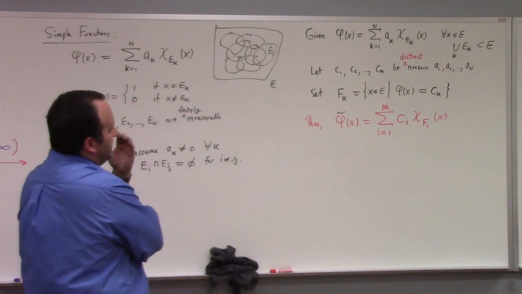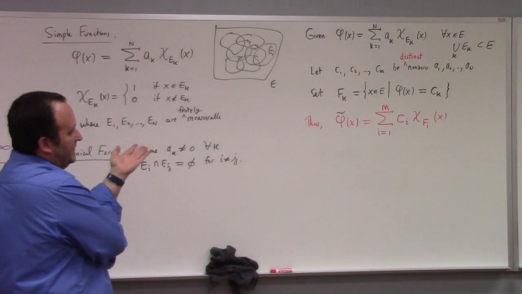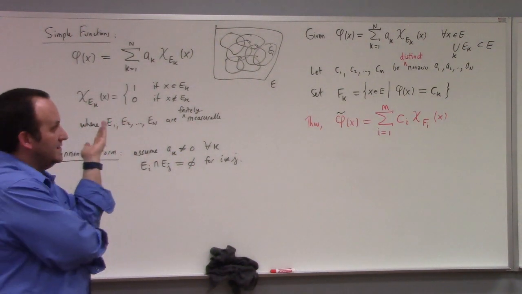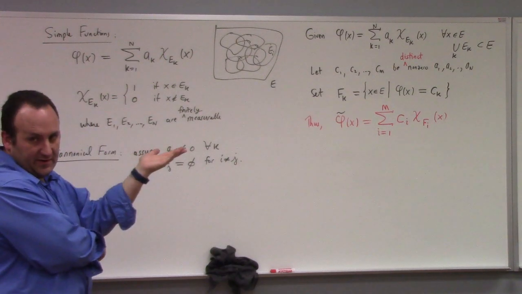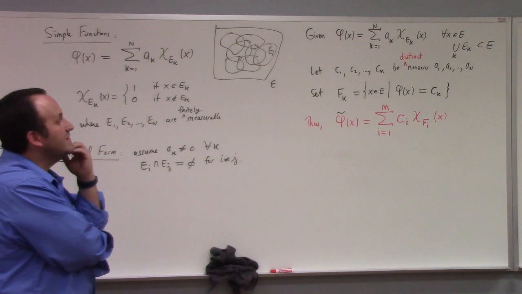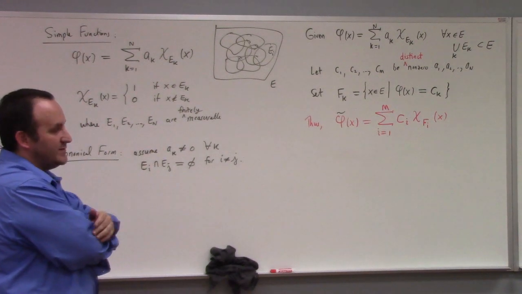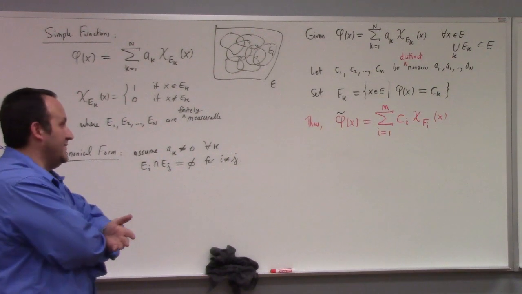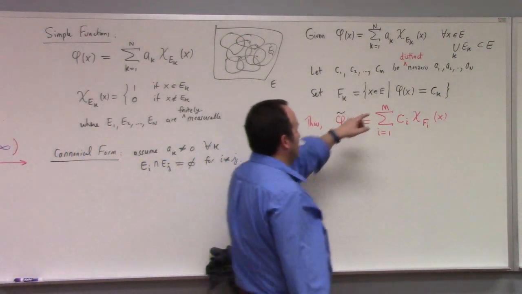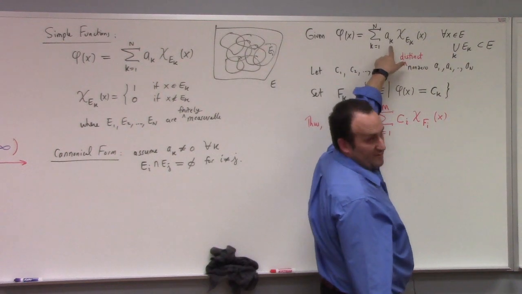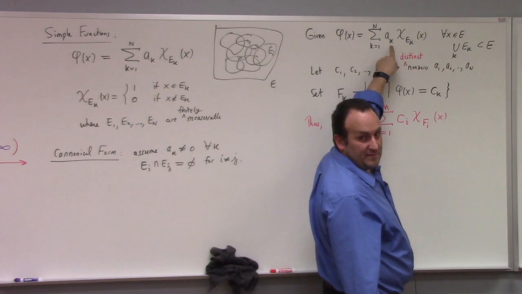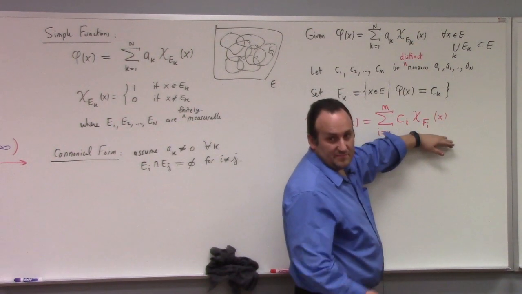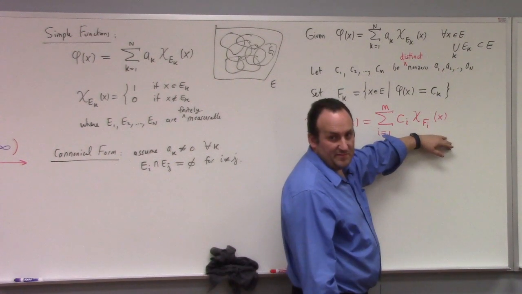But the larger point here is that if you think about x, it's either outside the scope of all of the E sub k with non-zero values, or it's in one of the E_k, but that's a place where there's a 0 value for the coefficient, which means it's still 0. If it happens to be in an E_k which has a 0 coefficient, then this is automatically 0 because it's not covered by that one.